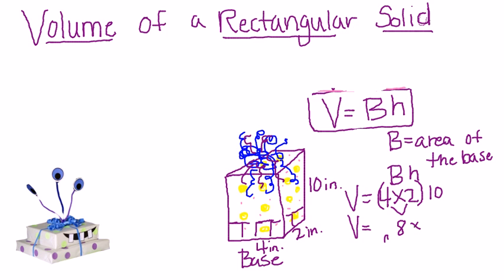And now it's times 10 because you want to bring the 10 down here. And so you can fit 80 sugar cubes or inches cubed. Another way you could write this would be 80 cubic inches, because cubes fit in there. You can also write out inches if you want, but most people use abbreviations.